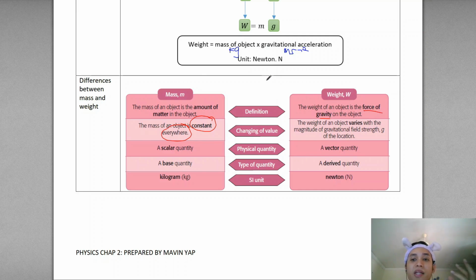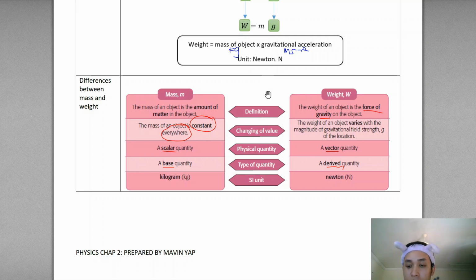Since every planet's gravity is different, your weight will be different on different planets. Mass is a scalar quantity, and weight is a vector quantity. One is a base quantity, one is a derived quantity. So make sure you understand the differences between mass and weight.